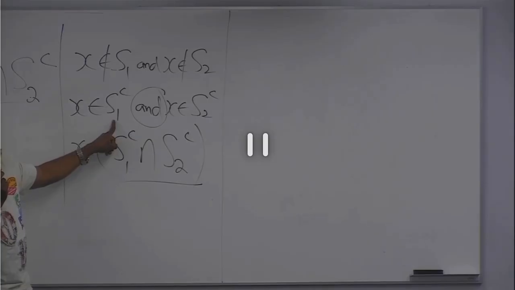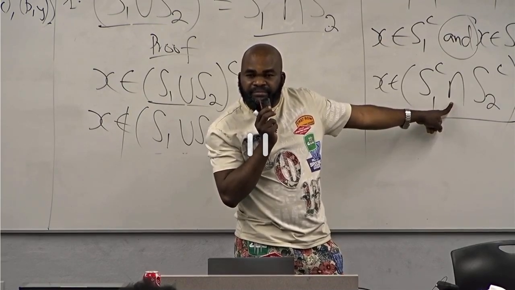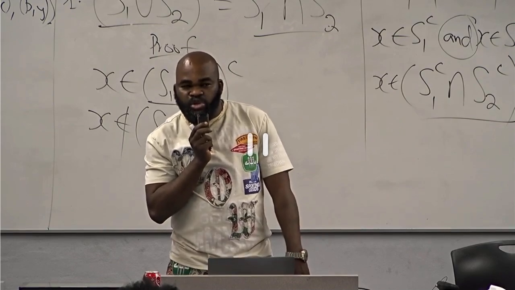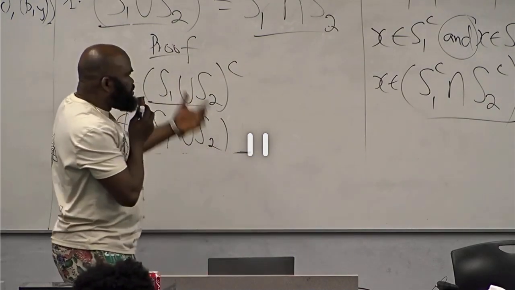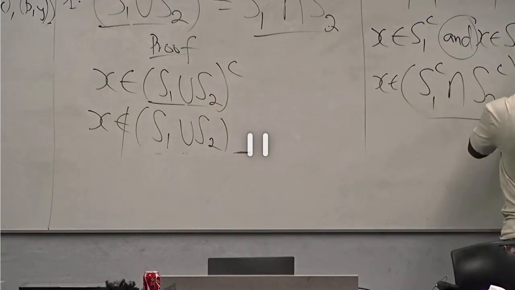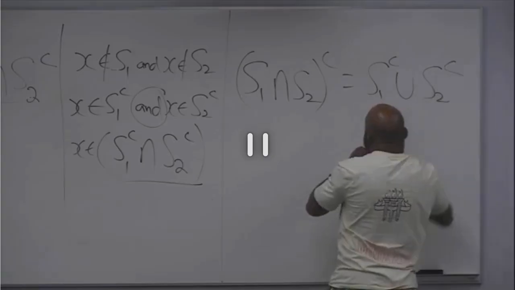Then because I have AND, I'm combining. AND we actually imply the intersection sign. I need you to prove the second one. Try the second one. The second one is the one I gave the other time. The second one is this. This is the second De Morgan theorem.